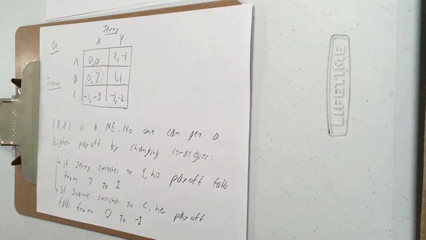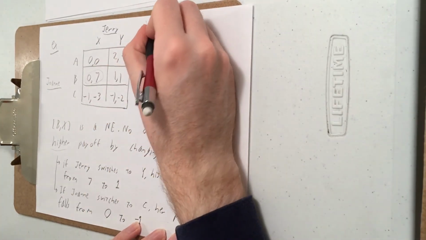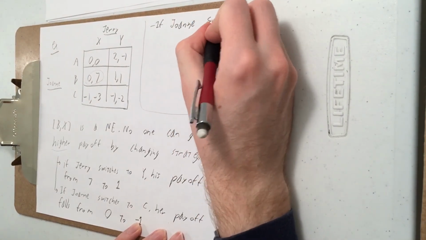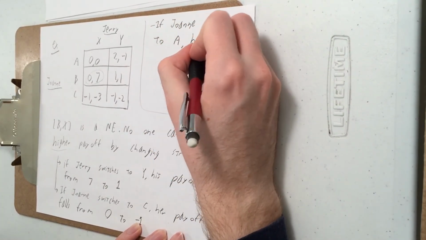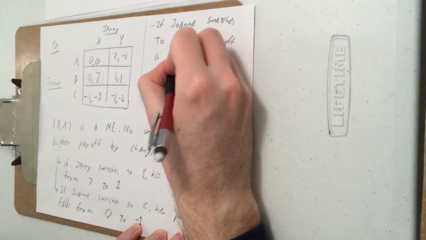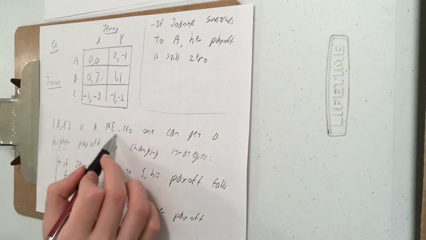So last possibility, Joanne could also switch from B to A. That gives her the same payoff, but it's not a higher payoff. It's the same payoff, so that is not violating our definition of a Nash equilibrium. So Bx is a Nash equilibrium. We verified it now.